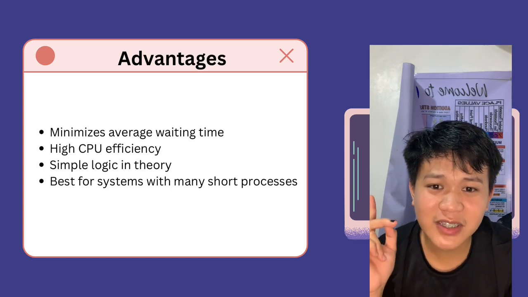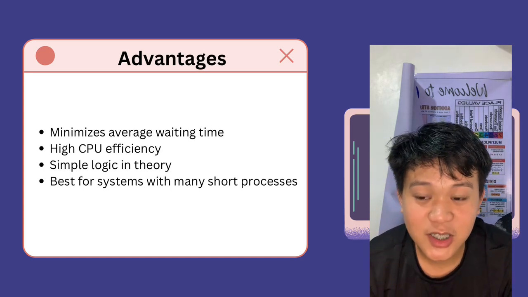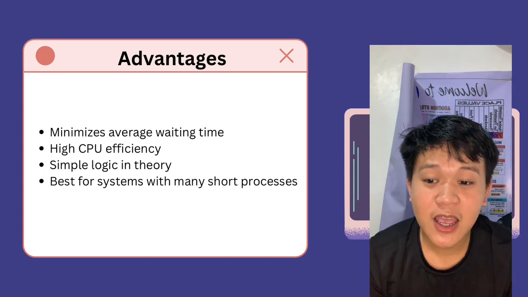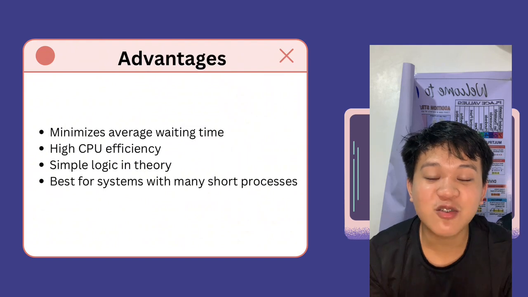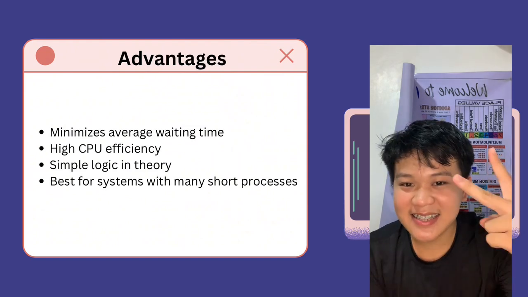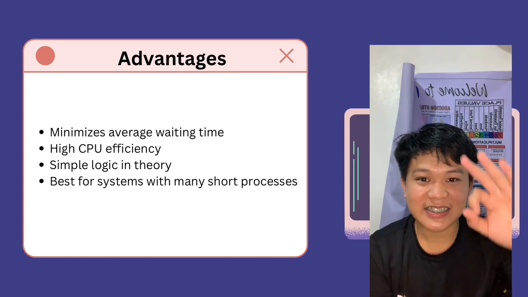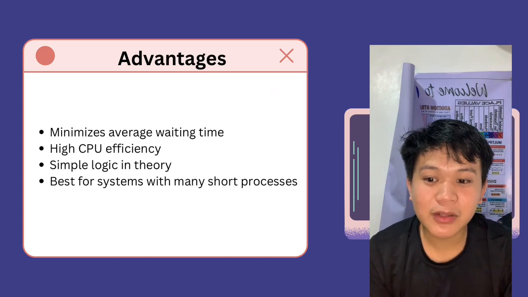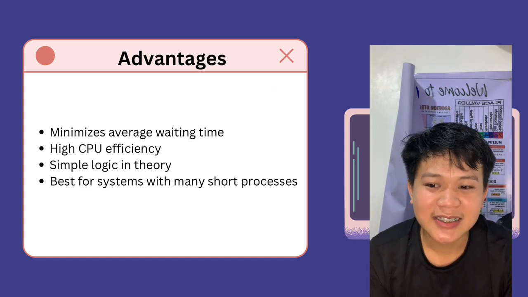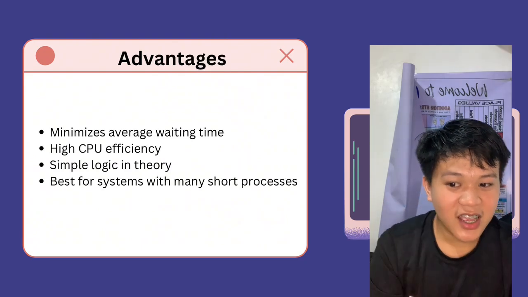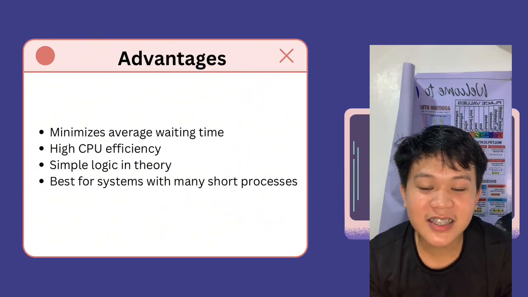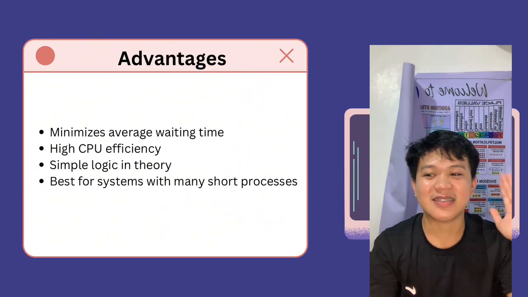SJF has advantages. The first advantage is that it minimizes average waiting time. The second is high CPU efficiency. The third one is simple logic in theory. The last advantage is that it is best for systems with many short processes.